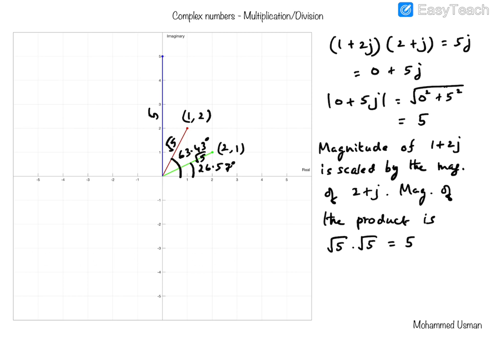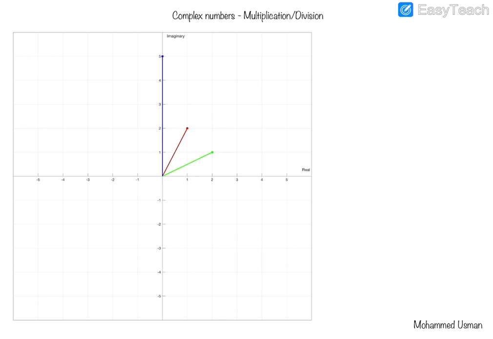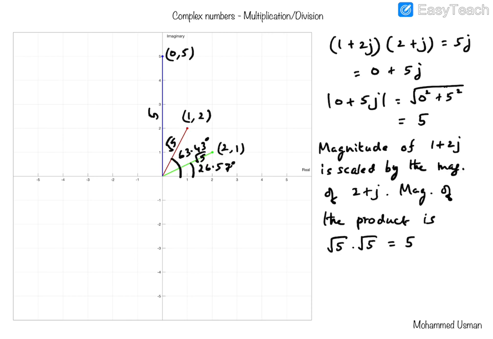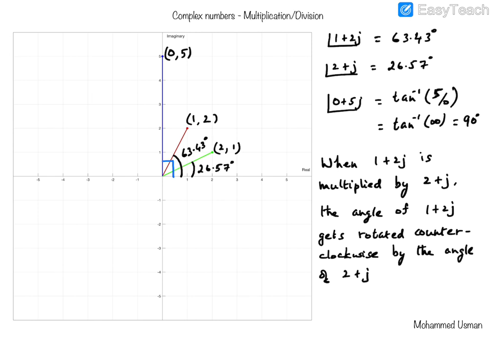Now let's see what happens to the angles in terms of the rotation. The second effect that takes place is rotation. So let's see what is the amount of rotation that takes place when we multiply two complex numbers. Let's look at the angles now. The angle 1 plus 2j makes with the positive real axis is 63.43 degrees, and the angle 2 plus j makes with the positive real axis is 26.57.